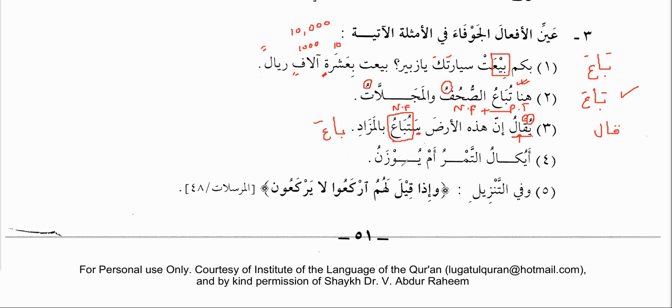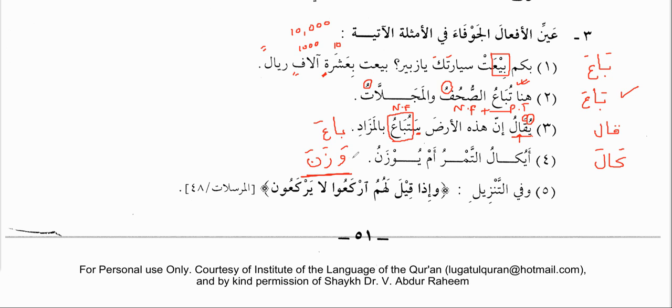Ayuqalu tamru am yuzan. Am yuqalu, coming from the fail kala. Kala means to measure. And tamru is dates. Or yuzan, coming from wazana. And this is also a kind of verb where it starts with a wow, means a weak letter starts a verb.